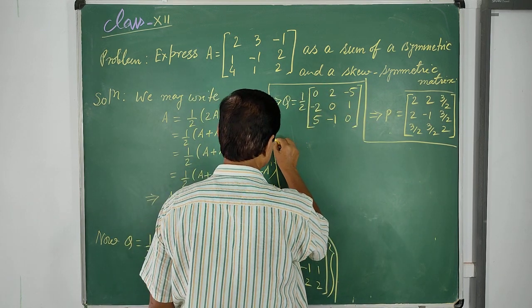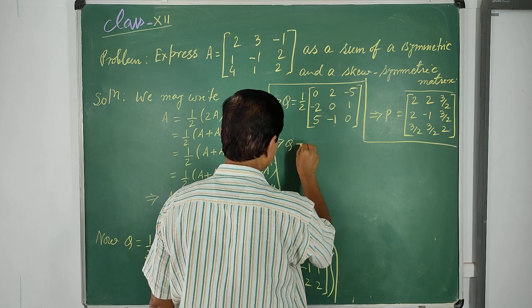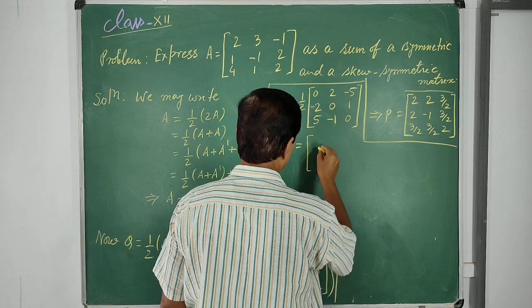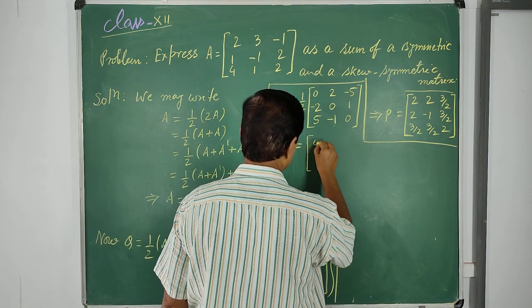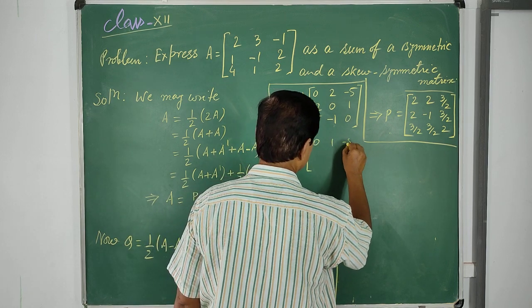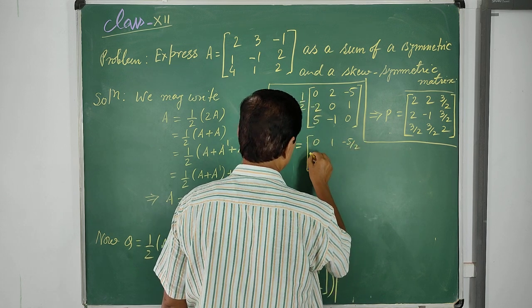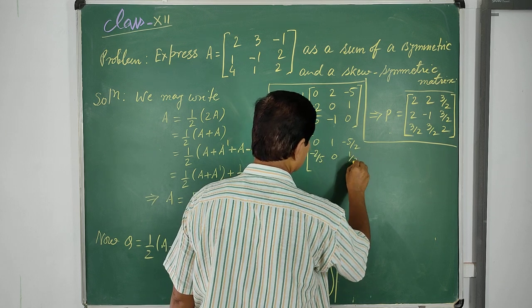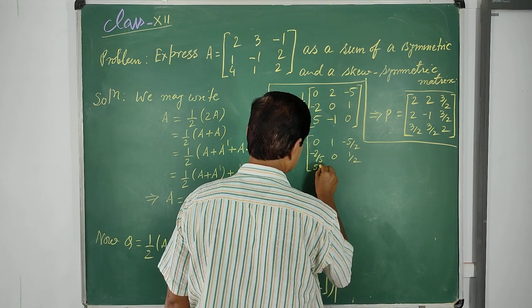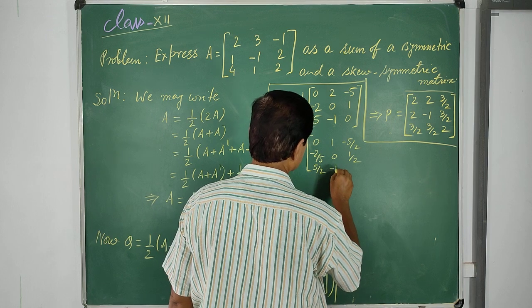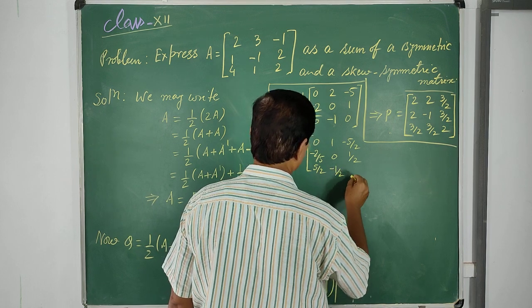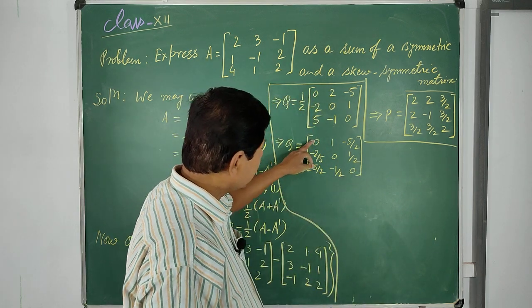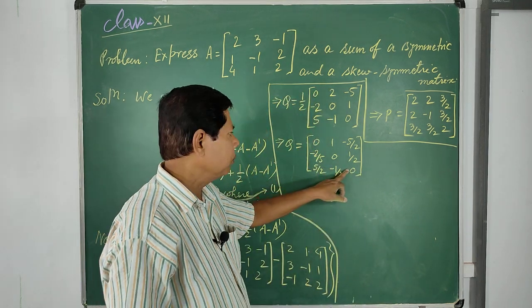So this implies Q equals, divided by 2, 0 by 2, 0, this is 1, minus 5 by 2, minus 1, 0, 1 by 2, 5 by 2, minus 1 by 2, and 0. So you can easily observe that the diagonal elements are all equal to 0.